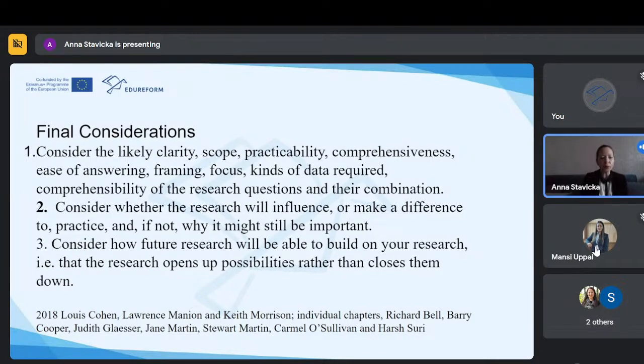Why is it important? And finally, consider how future research will be able to build on your research. That, for example, means that the research opens up possibilities rather than closes them down.